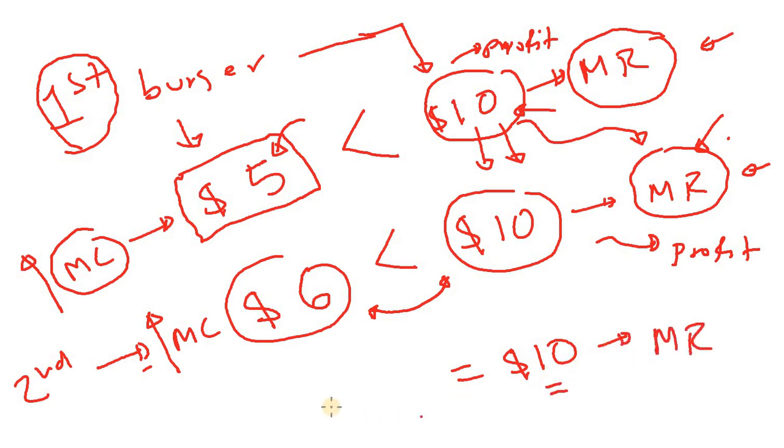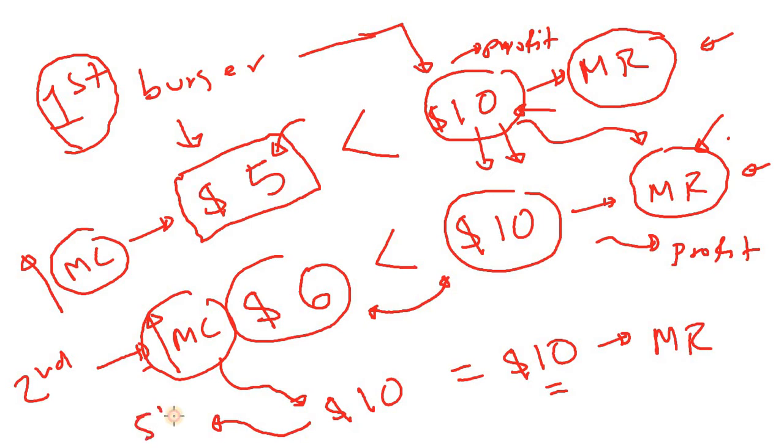The marginal cost increases, and at one point it becomes $10. Let's say this happens at the fifth burger. So when you produce the fifth burger, the extra additional cost is $10 and you're selling it at $10.